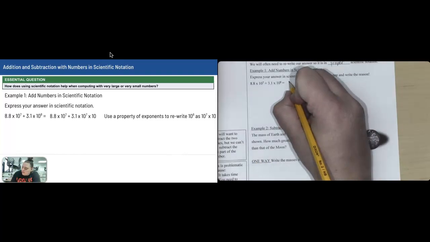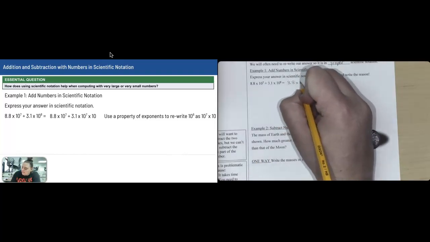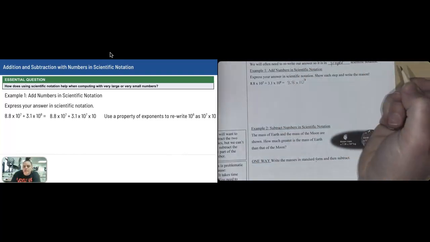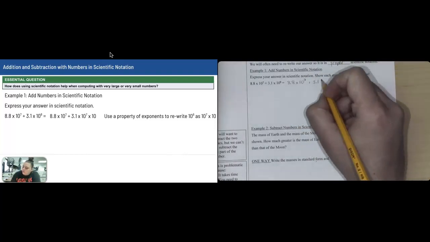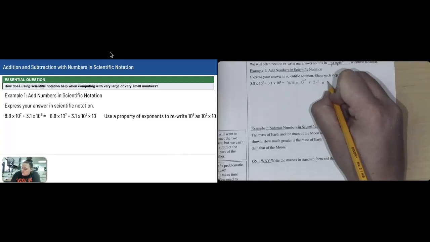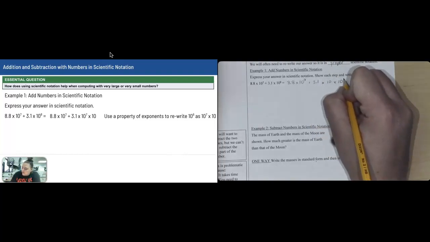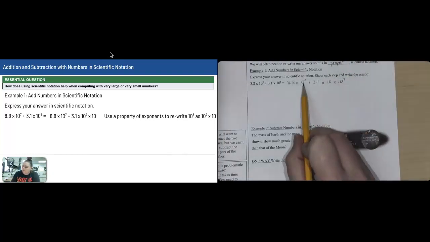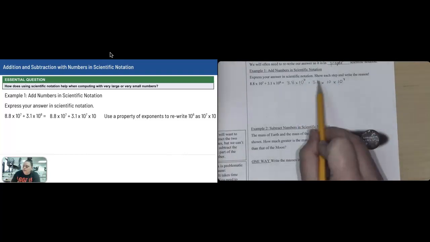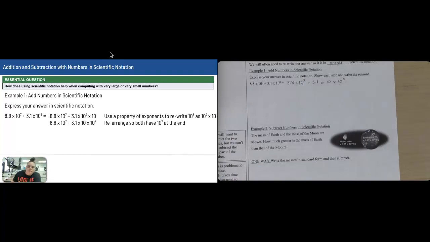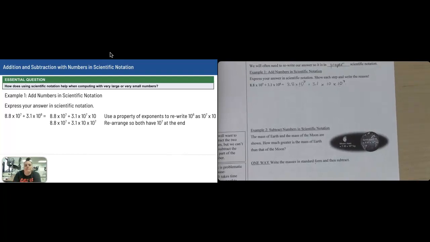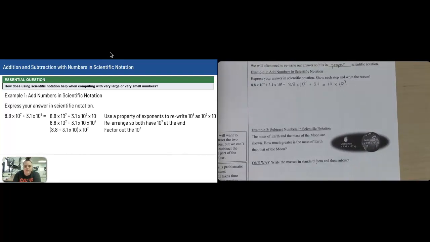So we rewrite this: 8.8 times 10 to the power of 7 stays the same. And then 3.1, we'll do this as times 10 times 10 to the 7th. So now they both end in 10 to the 7th, and we will simplify. I did that in one step, putting my times 10 at the beginning.